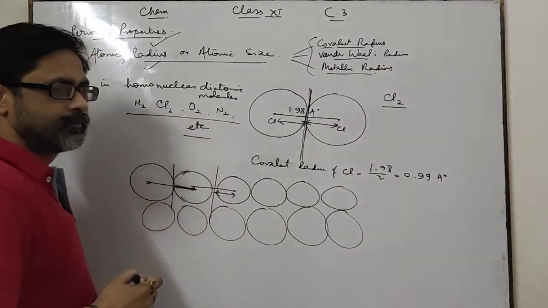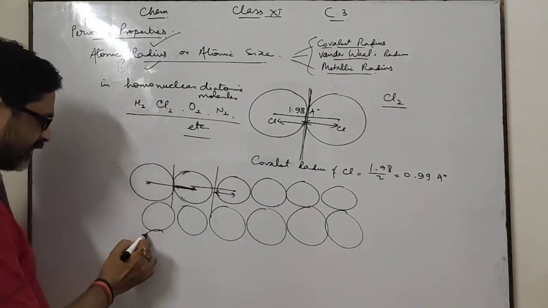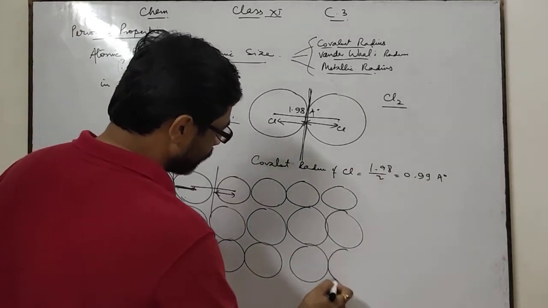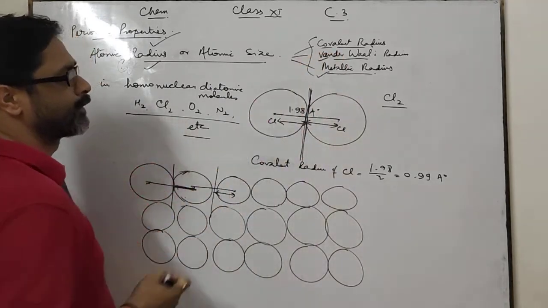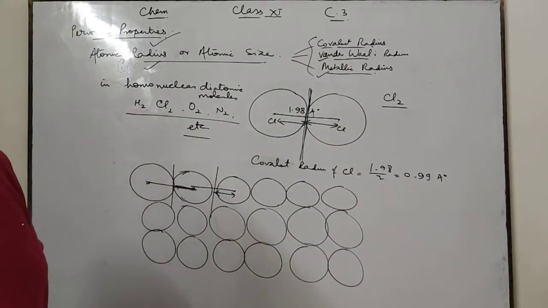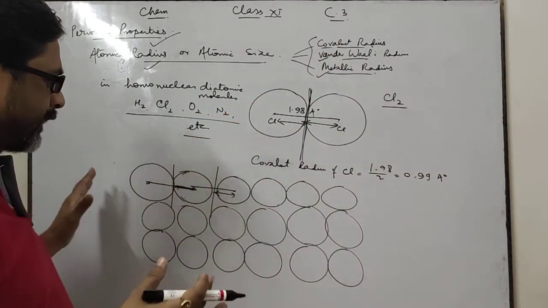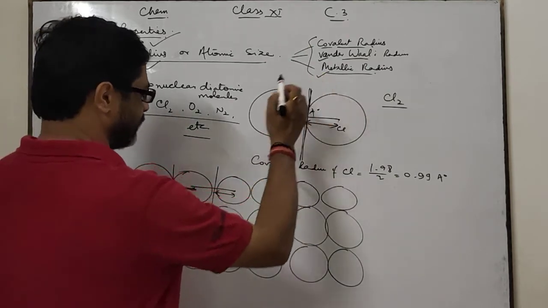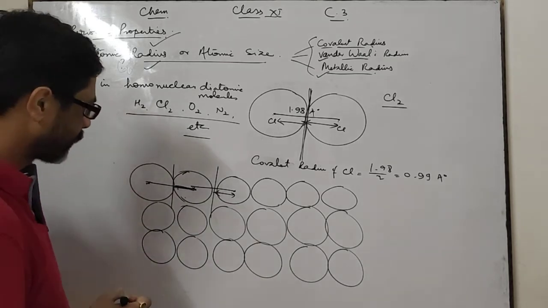Metallic radius. In metals, you know that various atoms are arranged in this way. This one is for non-metals or metals both, in which atoms are combined together to form a solid state. In metallic radius, the metal atoms are present like this.